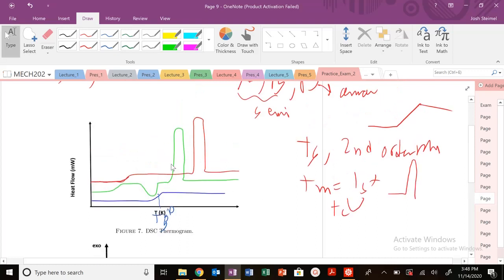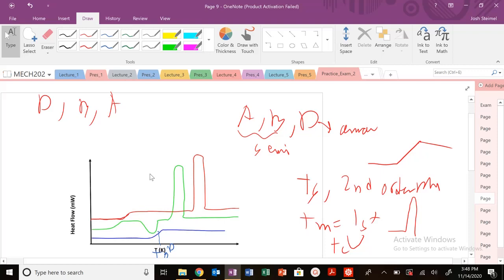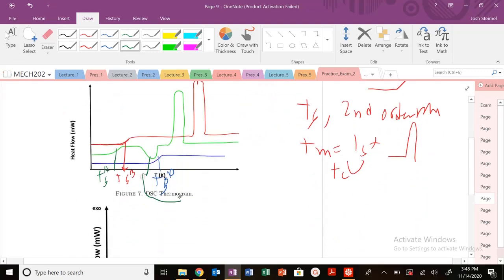Then my next one will be B. So this is in fact my Tg of B. This is my Tm of B. There's no recrystallization here. For A, interestingly, for high density polyethylene, this is my Tg of A. This is my Tc, that recrystallization peak, Tc of A, and this is my Tm of A.